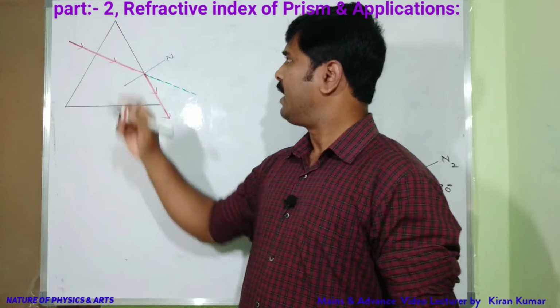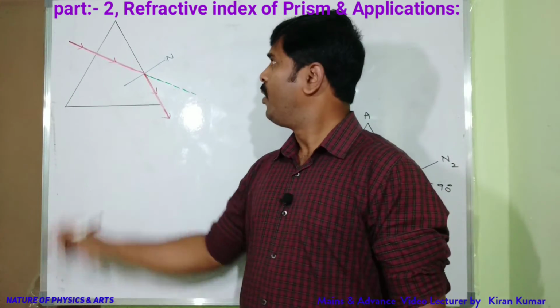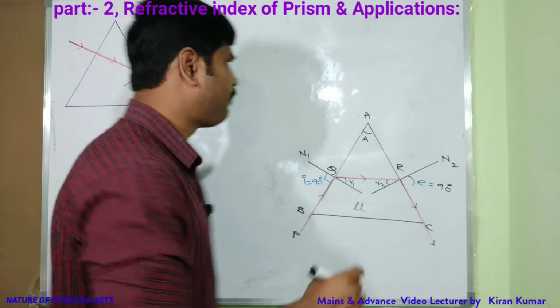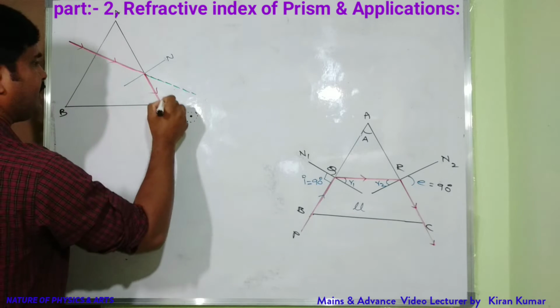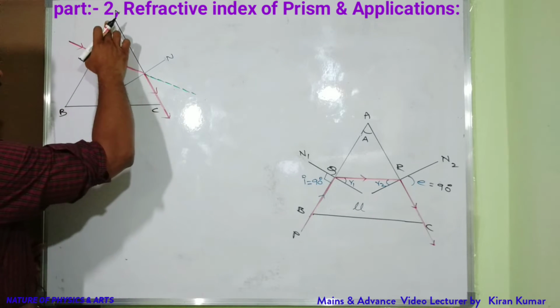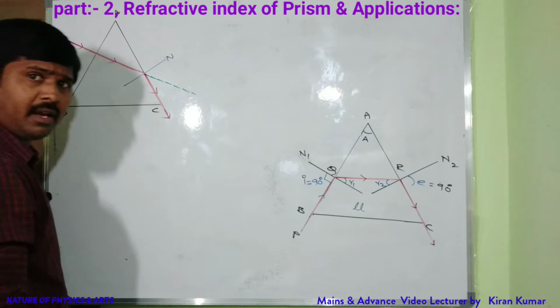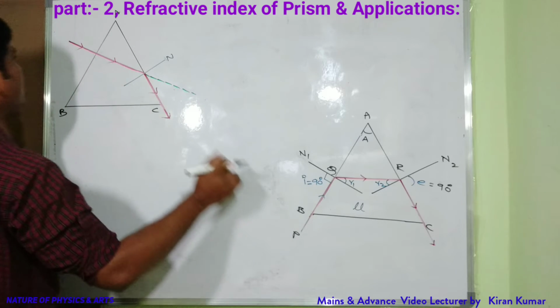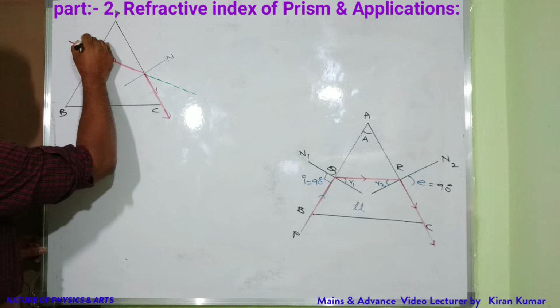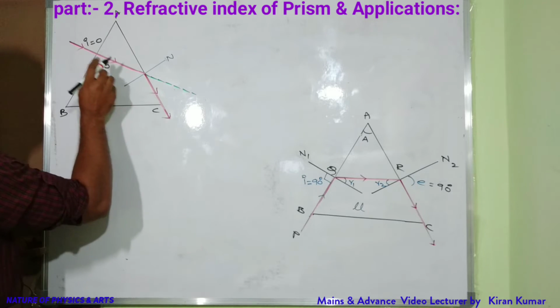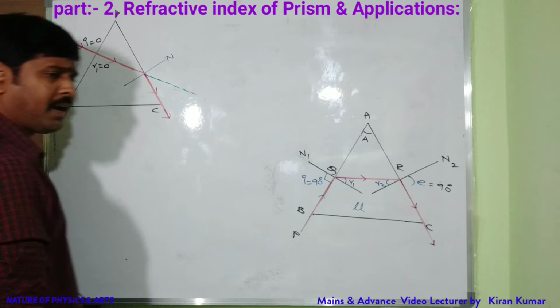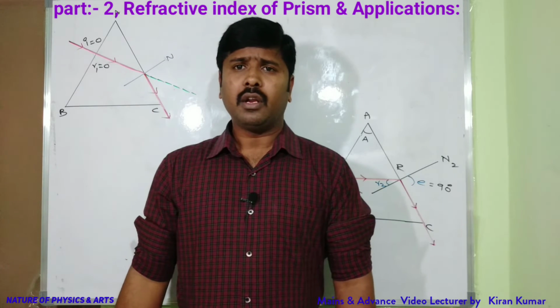Now light is traveling along the normal direction of one face of the prism, that is the AB face, and AC is the second refractive surface. Here i is equal to 0 and r1 is also 0, because along the normal direction there is no deviation.